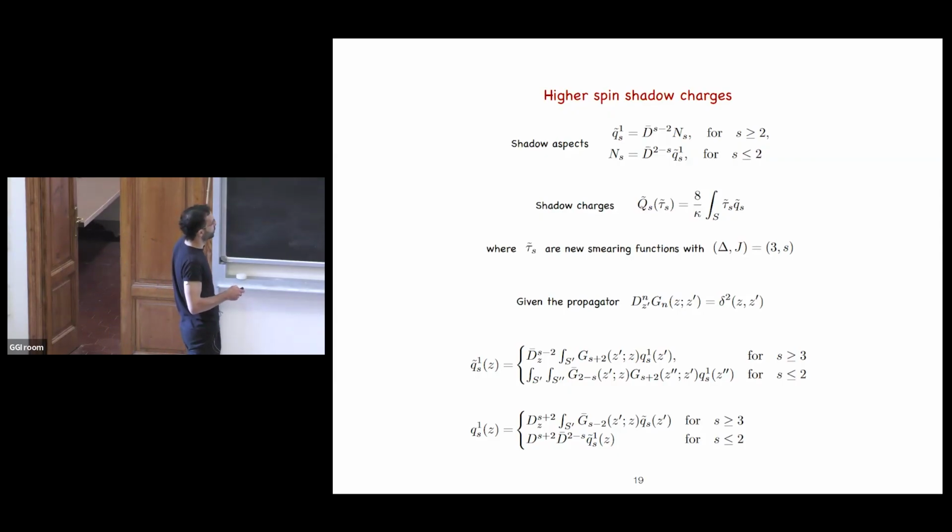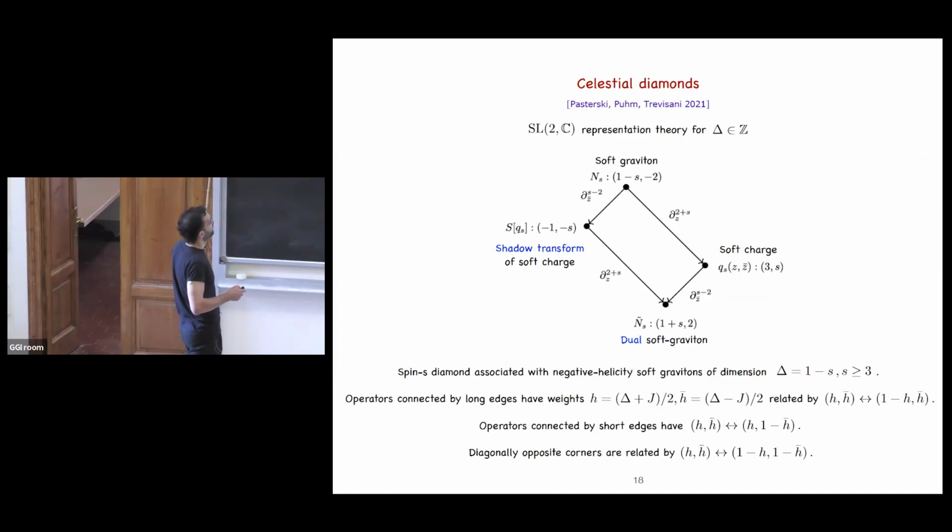So the diamond changes if you are in s bigger than or equal to 3 or s smaller than 3. Basically, what happens is that these 2 points interchange each other, and these 2 points interchange each other. So now the soft graviton, which would sit here, is really the shadow transform of this object, while the charge would be the dual of the other charge, but they're not directly shadow transforms.